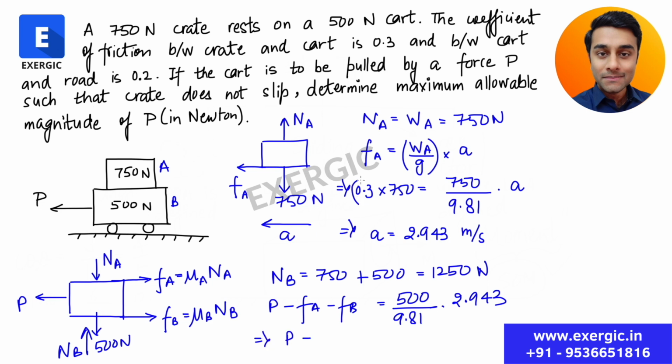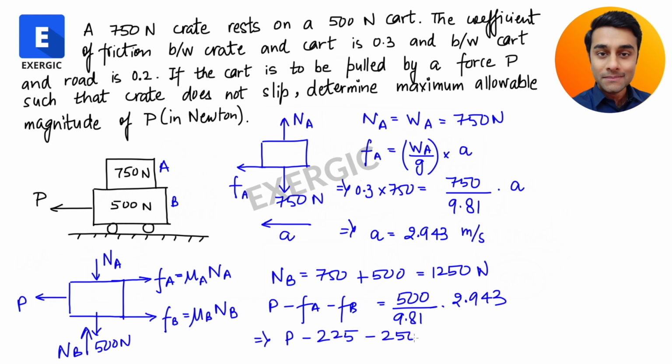So FA is equal to mu A multiplied by NA. This will come out to be 225. Minus FB is mu B, which is 0.2, multiplied by NB, which is 1250. Upon multiplication, you will get it as 250 Newton. Alright. So FB is equal to 250 Newton here.